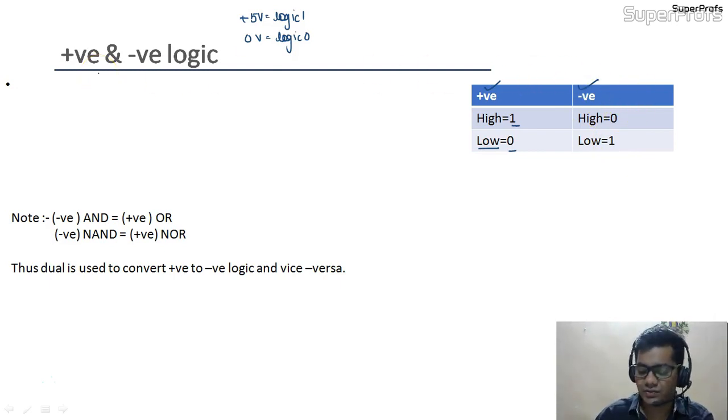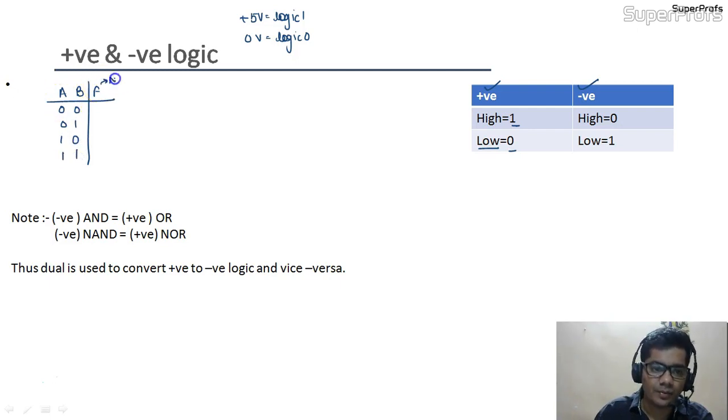So let us try to understand more about positive and negative logic. You can construct this table also. Let us consider one example. We are drawing a truth table with the two inputs A and B: 00, 01, 10, 11, and let the function be an AND operation.